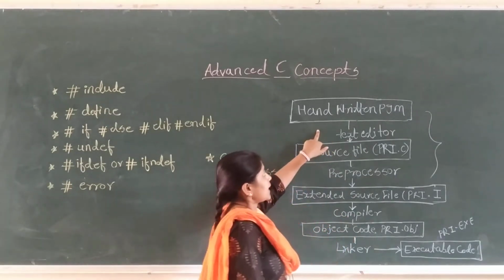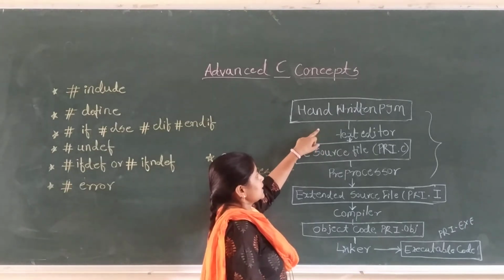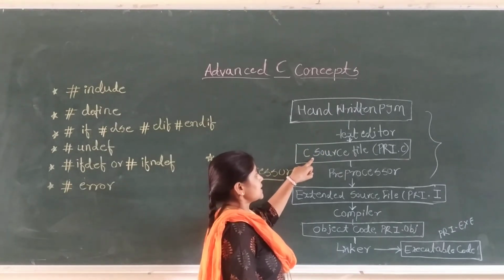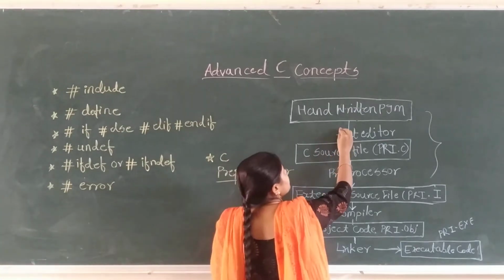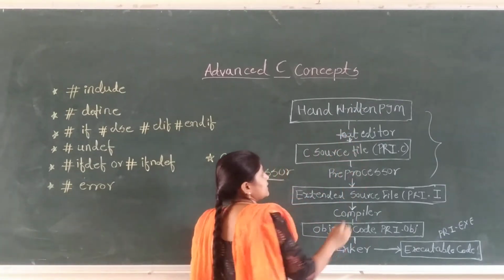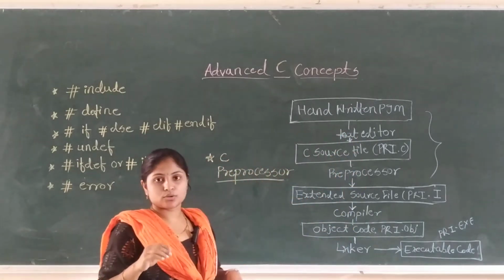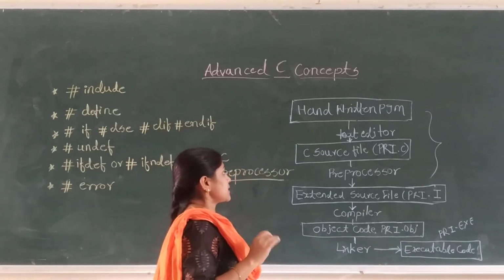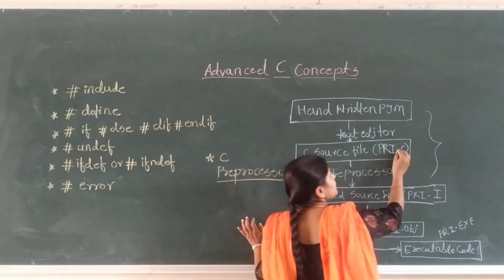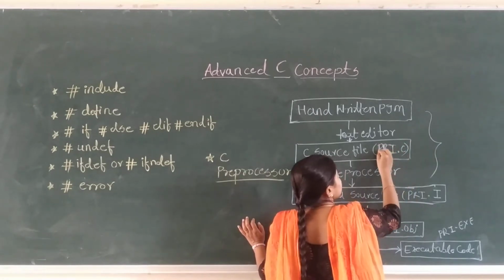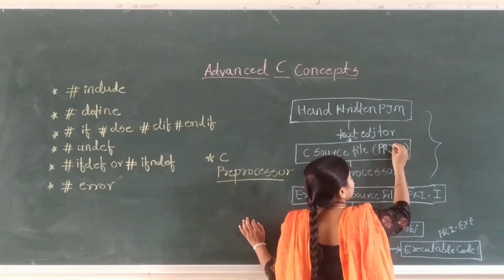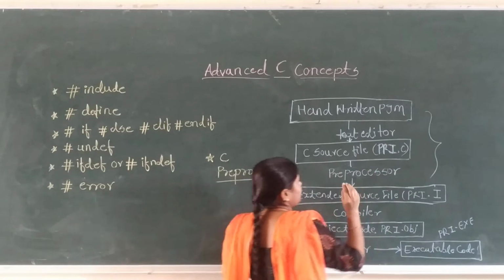This input goes to the C source file, which means whatever code is written in the text editor is saved as pri.c.